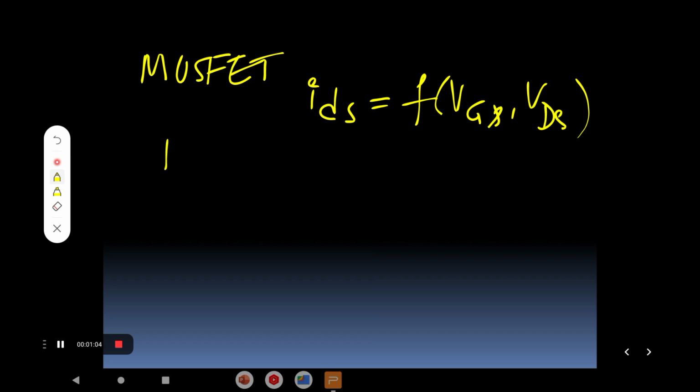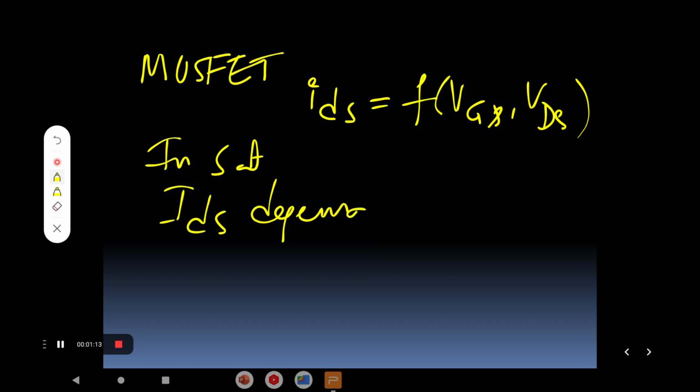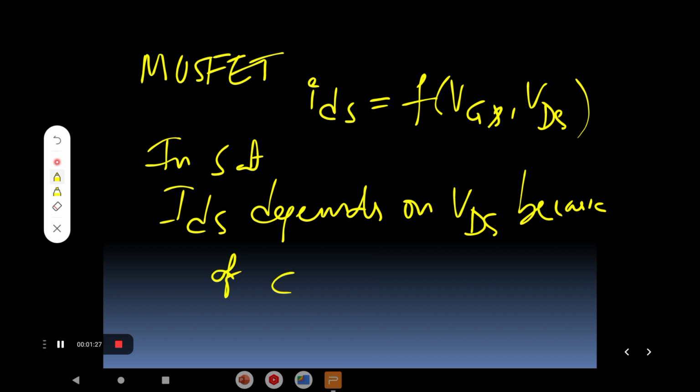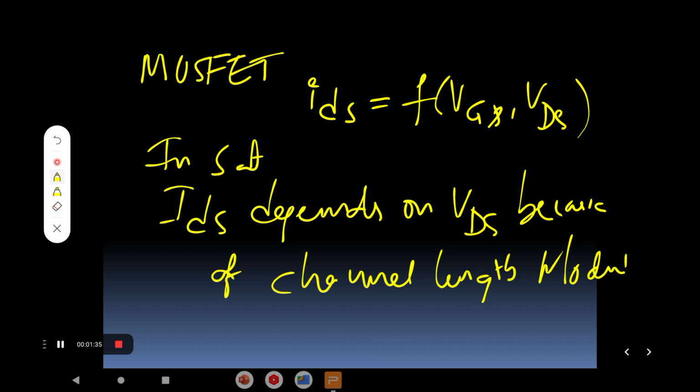In a saturation region, IDS depends on VDS because of channel length modulation.